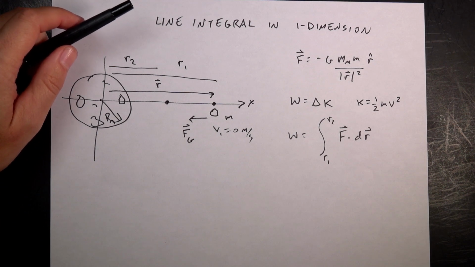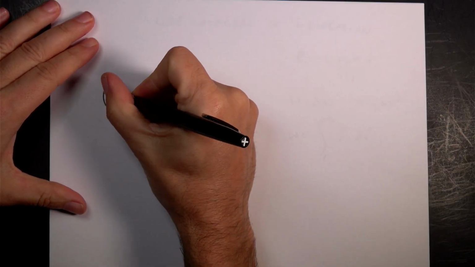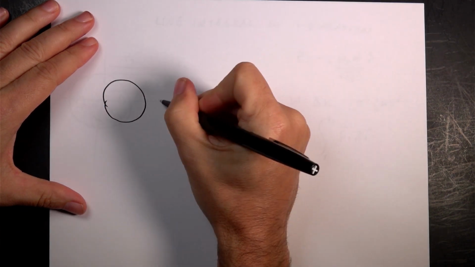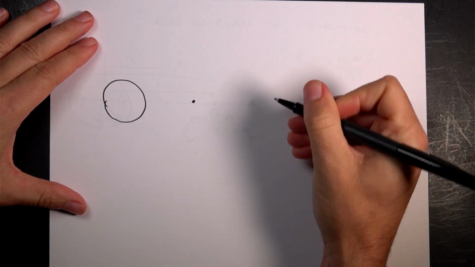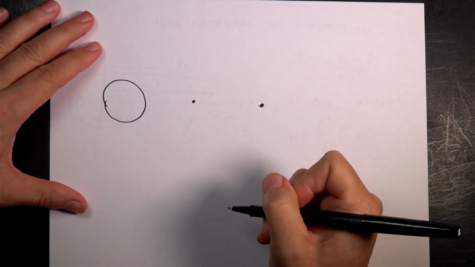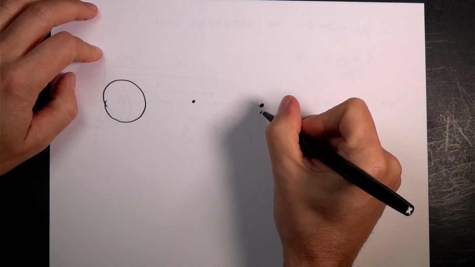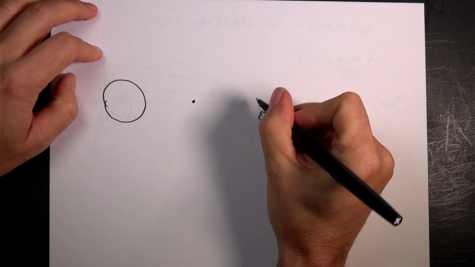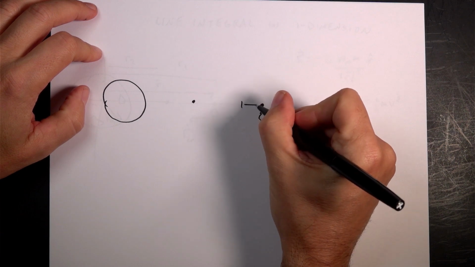Because in Python, what we're going to do is not integrate. Instead, we're going to do it a finite number of times. So let's start again. Here's the moon. There's my final position. Here's my initial position. So what I want to do is take my rock and let it move some distance right there.